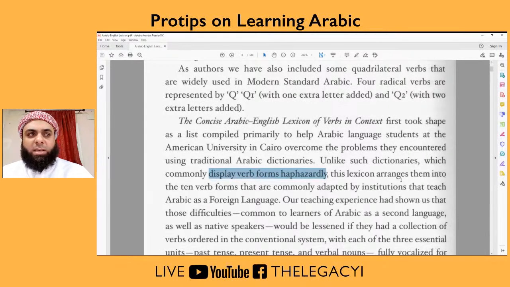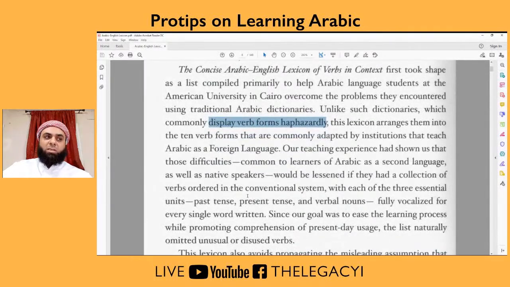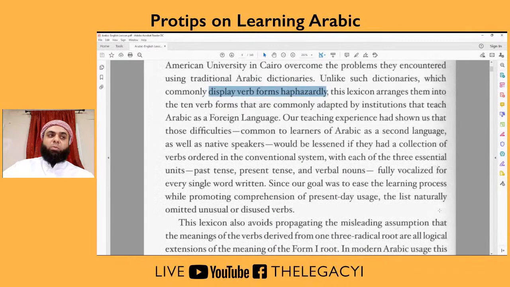Our teaching experience had shown us that these difficulties, common to learners of Arabic as a second language, as well as native speakers, would be lessened if they had a collection of verbs ordered in the conventional system with each of the three essential units, past tense, present tense, and verbal nouns, fully vocalized for every single word written. Since our goal was to ease the learning process while promoting comprehension of present-day usage, the list naturally omits unusual or disused words.